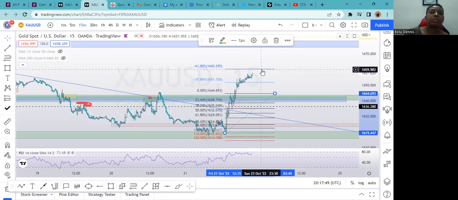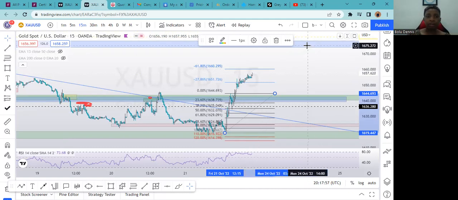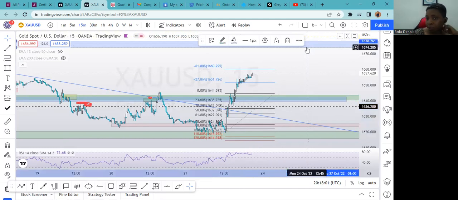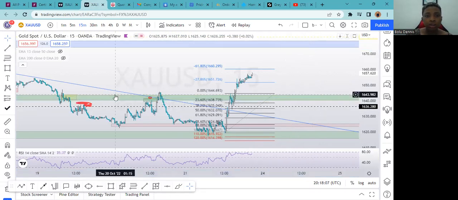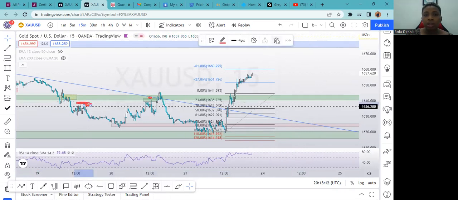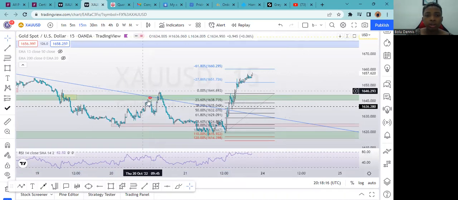So I'm looking at price to actually hit this negative 61.8, but that's minor structure. Before I can confidently take a sell on this, I'm looking at price to respect this area of supply. And let me delete this. This was during the call on Thursday.